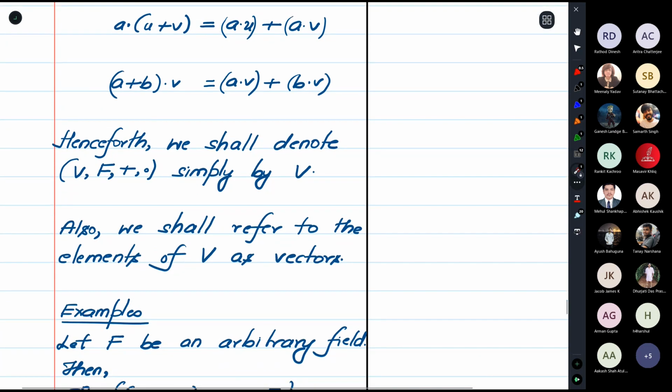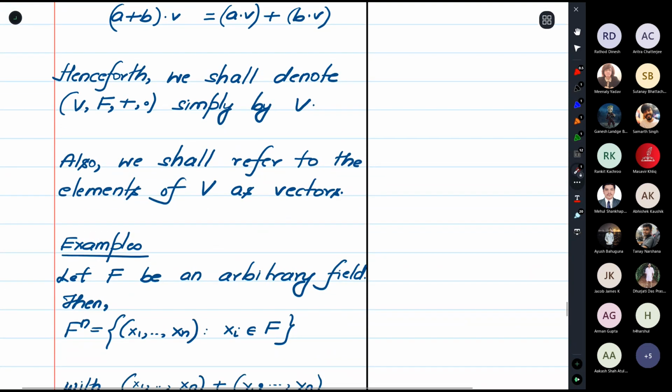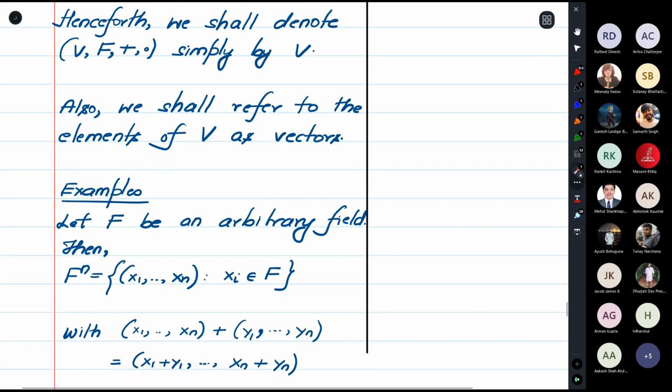Again, we will henceforth continue to be sloppy in the sense that instead of writing a vector space using a field, addition, and scalar multiplication operation, we will simply write it as V and implicitly say that there is an underlying field, an underlying addition operation, and an underlying scalar multiplication operation. So from the context, it will be clear what a vector space is, I mean, what are the operations that we are talking about.